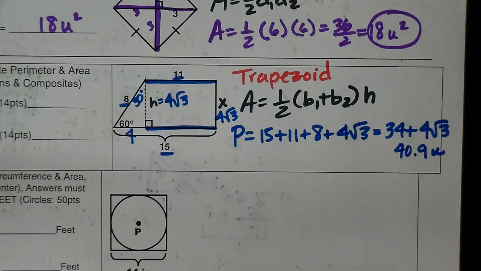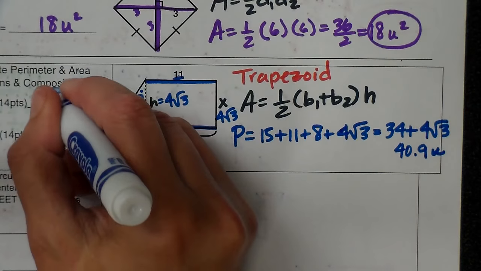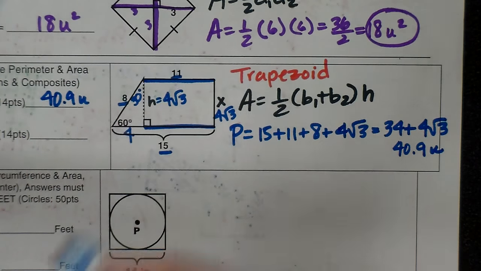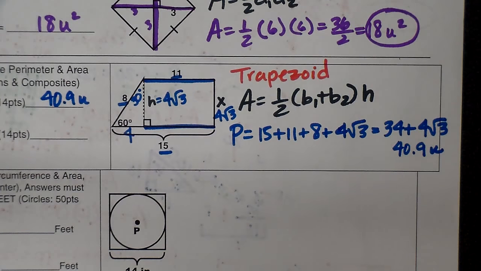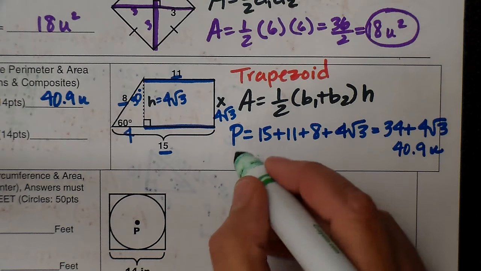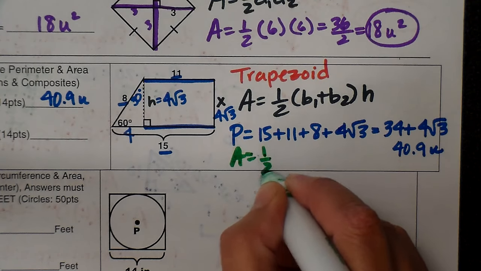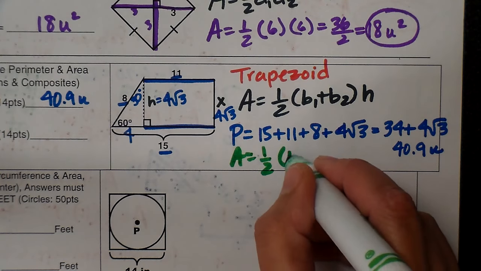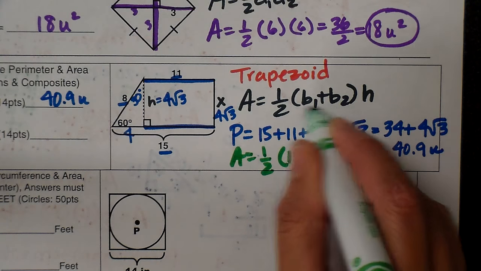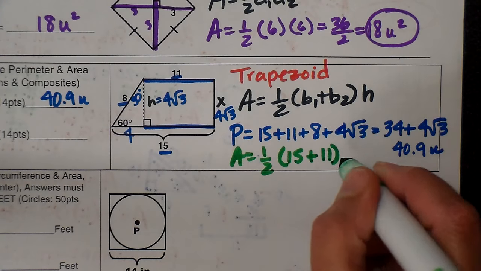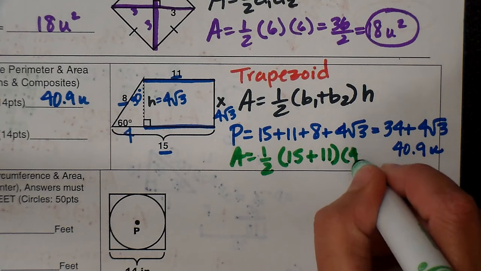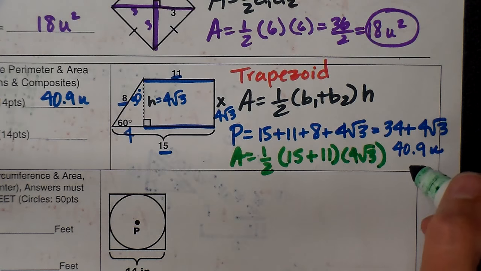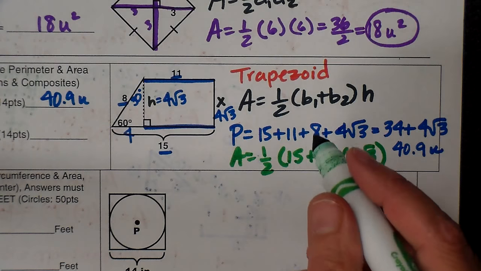Well, you already have the area formula, right? I've already got the area formula locked up right here. So let's start plugging in. The area is 1/2 base 1, which is 15, plus base 2, which is 11, times the height, which is 4 square root of 3. All I have to do is multiply all those out.